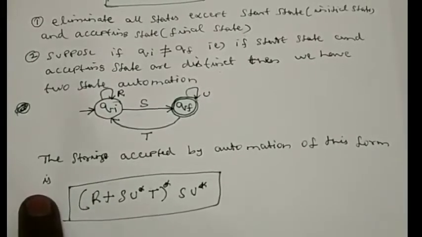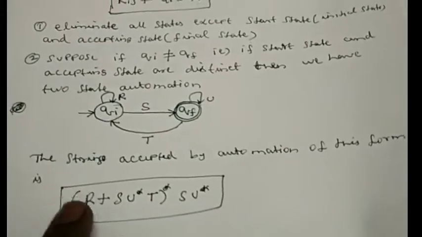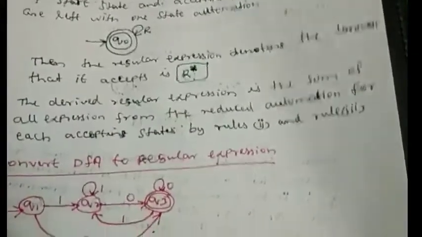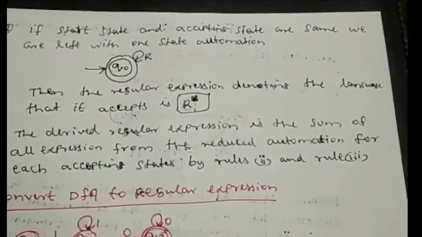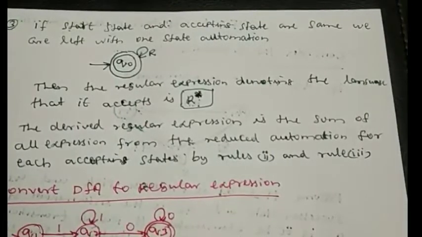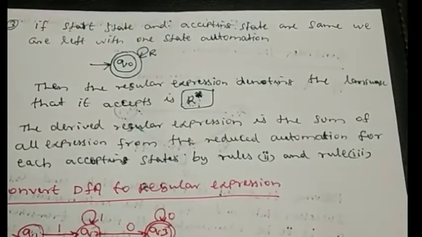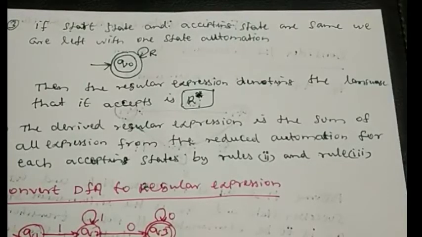Now step number 3. Here the start state and accepting state are the same. For example, if the start state and accepting state are the same, then you are considering a one-state automaton.